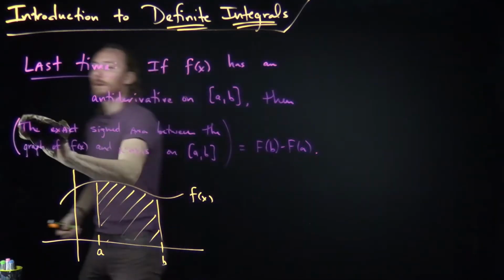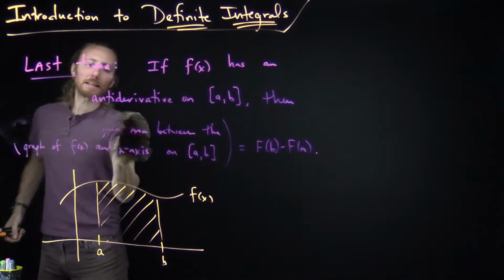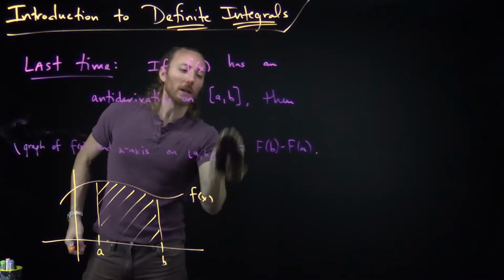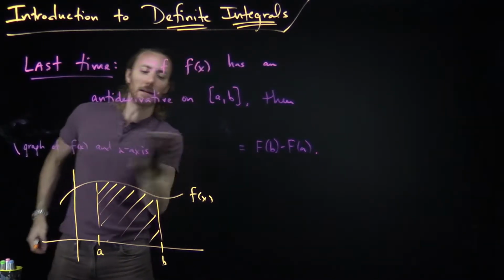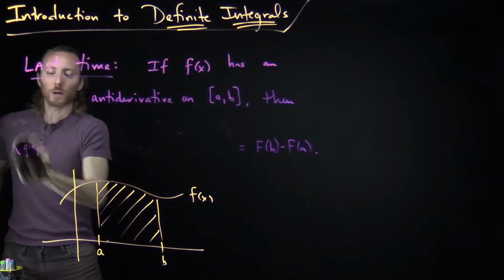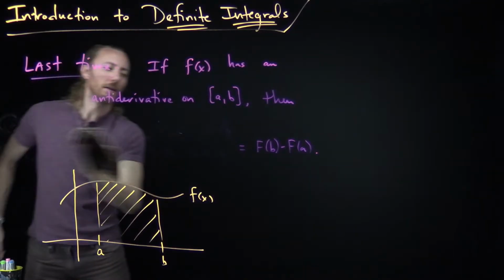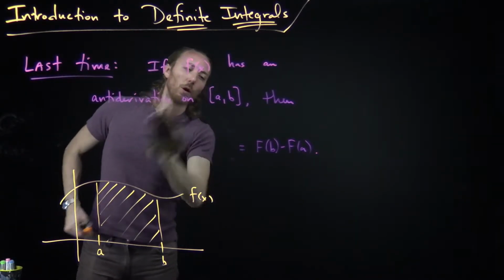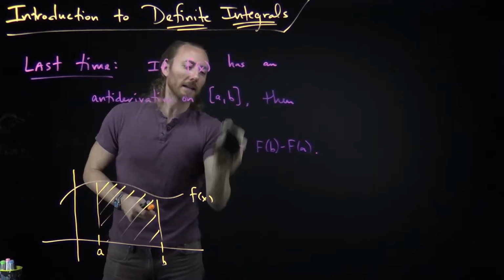So what I'm going to do is take this exact signed area between the function's graph and the horizontal axis and replace it with a more concise notation, which will ultimately express the exact same idea.